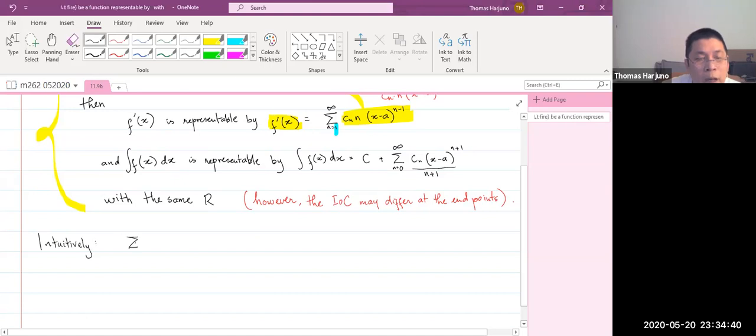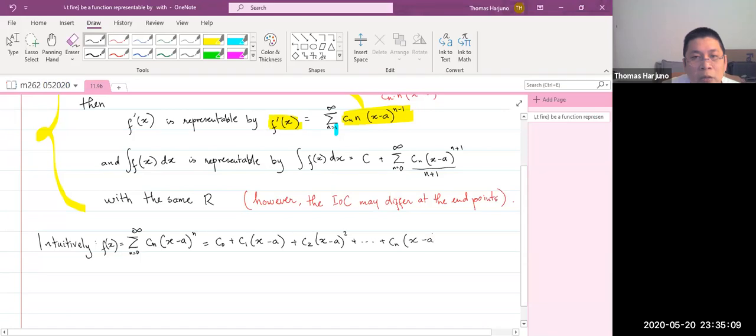Suppose we have that f(x) equals the sum from n equals 0 to infinity of c_n (x minus a) to the n, which we can write as c_0 plus c_1 (x minus a) plus c_2 (x minus a) squared all the way to c_n (x minus a) to the n, and even further on.